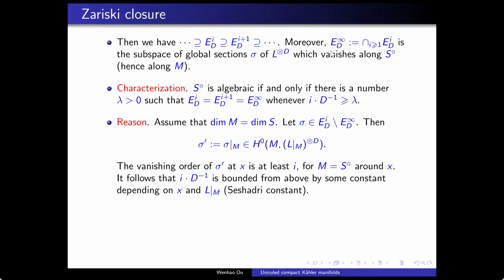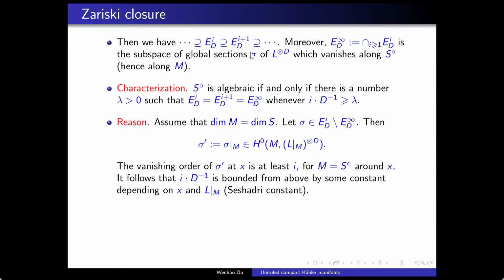By definition, a global section sigma in L^D is inside E infinity if and only if its vanishing order, when restricted to S0 at the point x, is infinity. But for algebraic or analytic functions, the vanishing order at a point is infinity if and only if the function is entirely zero around that point.